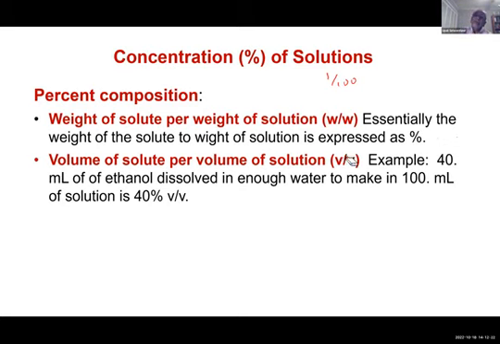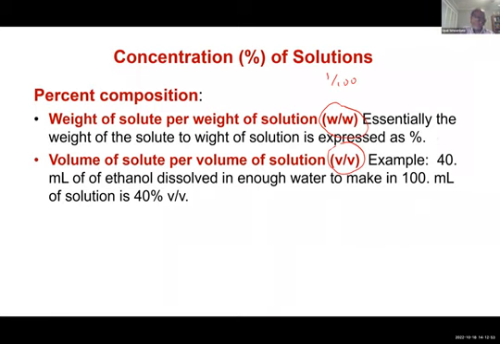When we measure solute volume and the total solution volume, this is more appropriate when our measurements are made in volume. In the previous one, measurements are made in mass or weight. Here the percentage is given for volume measurements.